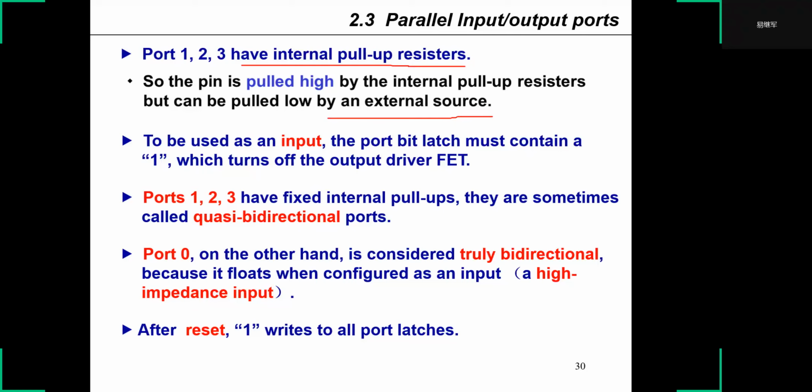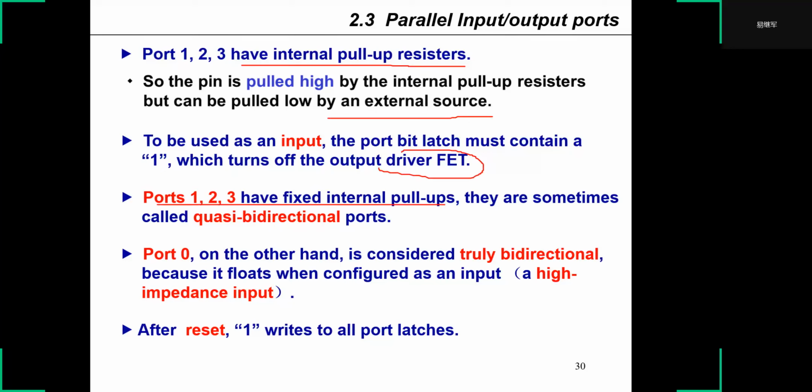To be used as an input, the port bit latch must contain a 1, which turns off the output driver FET. So port 1, 2, 3 have fixed internal pull-ups.